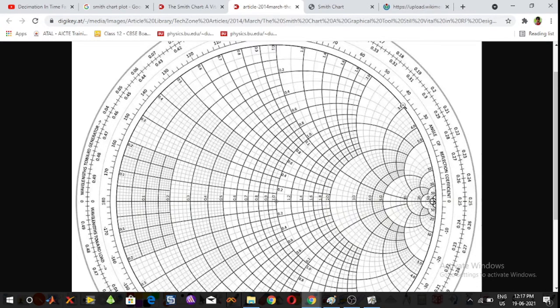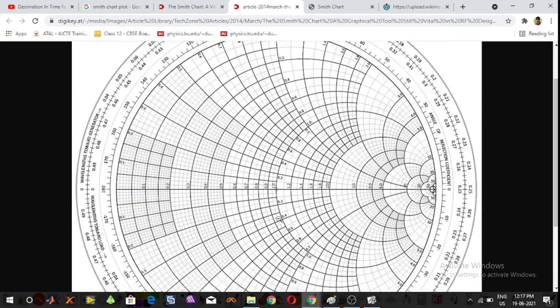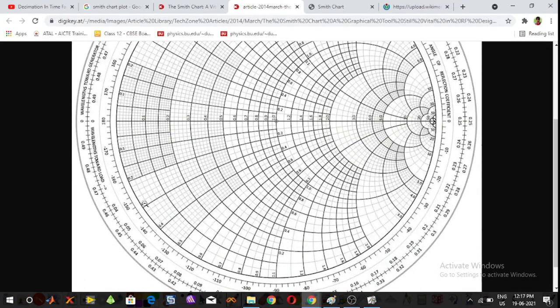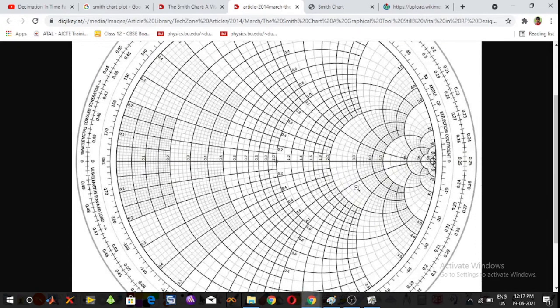These are the x is equal to constant circles. See in this Smith chart, so mark the normalized impedance.